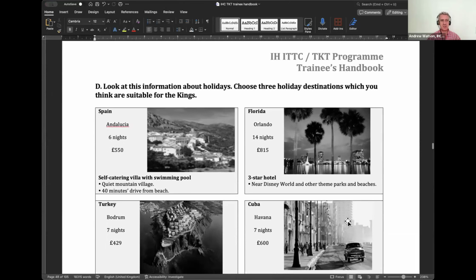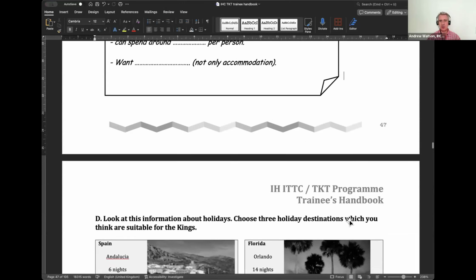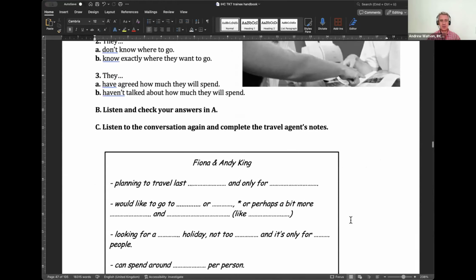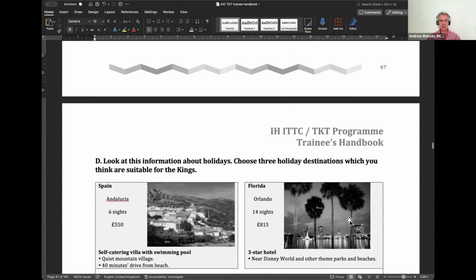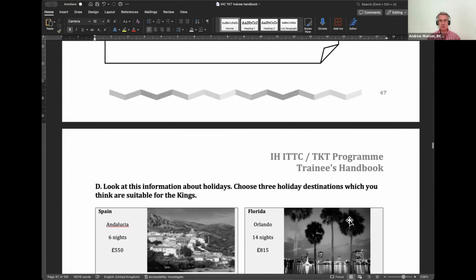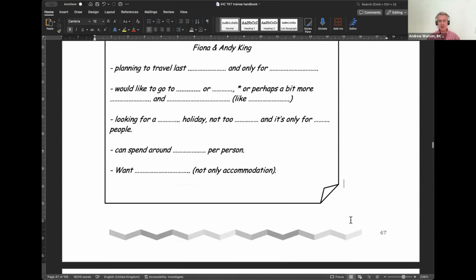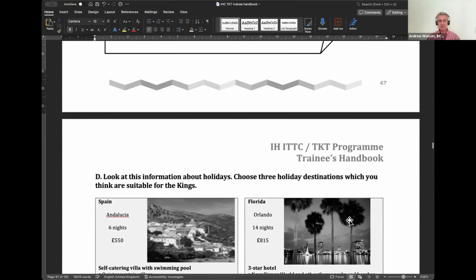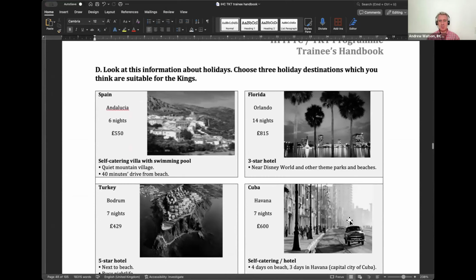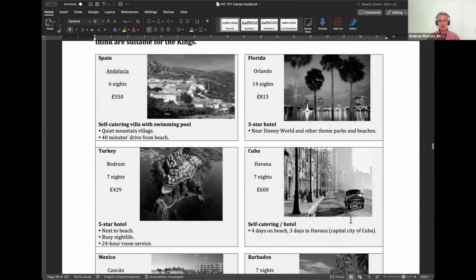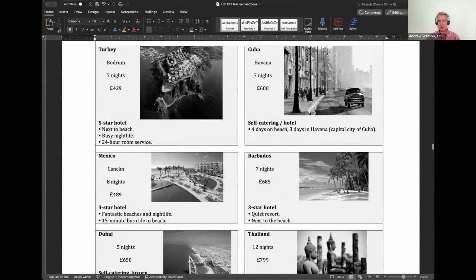You'll see this is in your handbook, it's actually page 47, and you've got to think of 3 suitable holiday destinations for Fiona and Andy King. And remember, it's only £500 per person that they have.